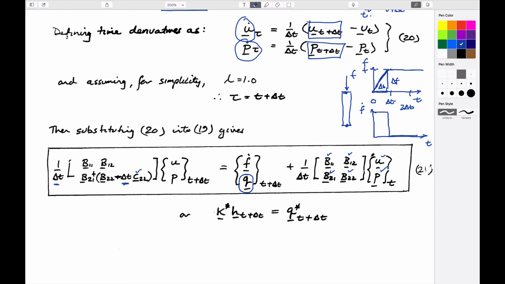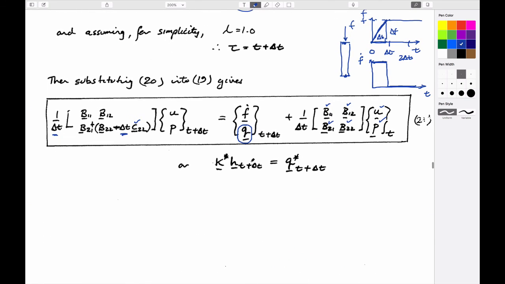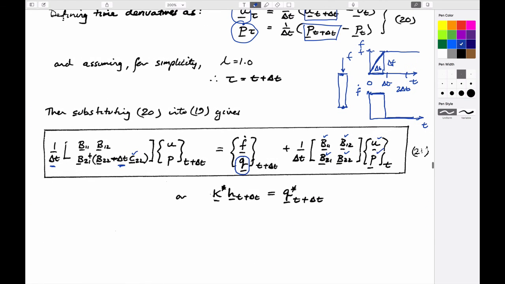What we've done before is apply a force with a magnitude and keep it applied, and we'll still do that. But because the boundary condition here is defined in terms of a change in force with time, the magnitude of the boundary condition would be some value initially for the first time step, and then after that it would go to 0. So you could work that out. And that's it. That's the solution method.